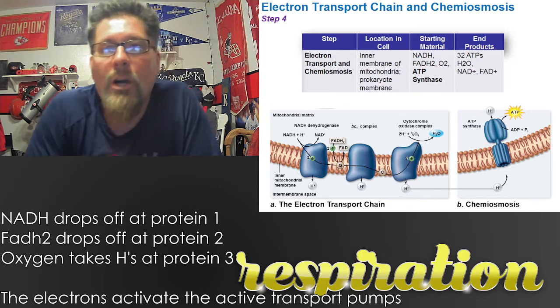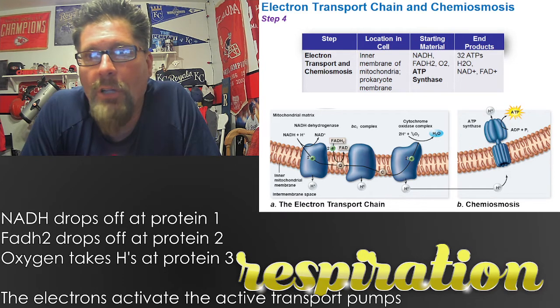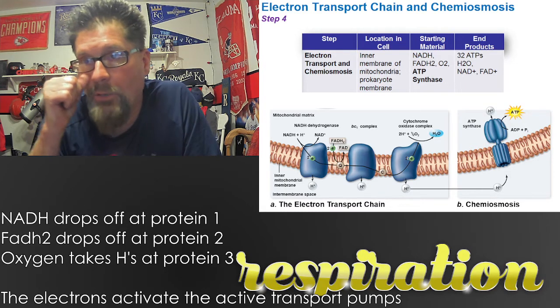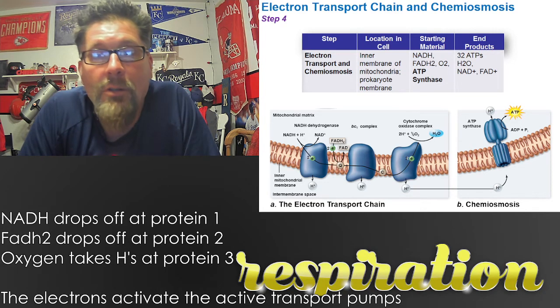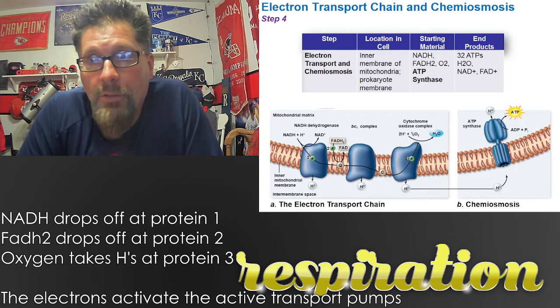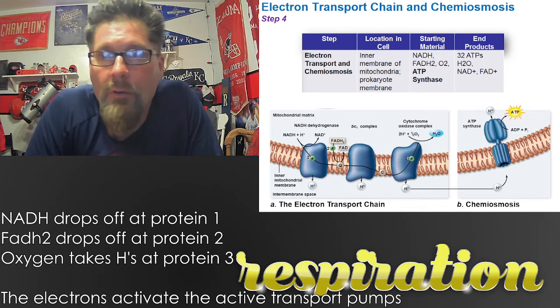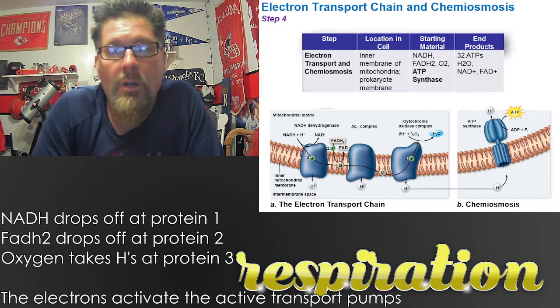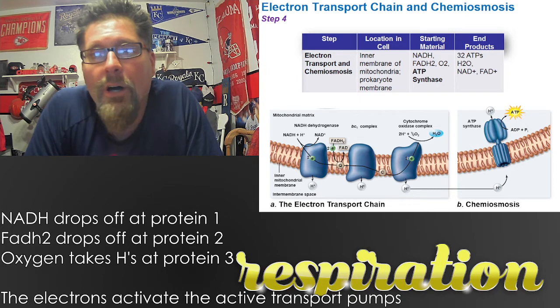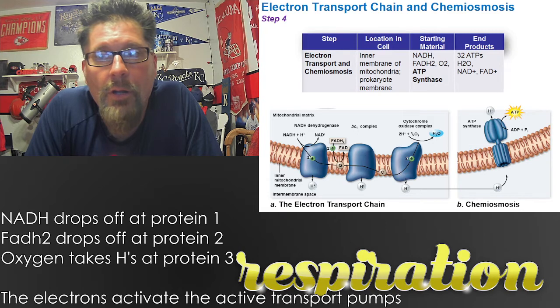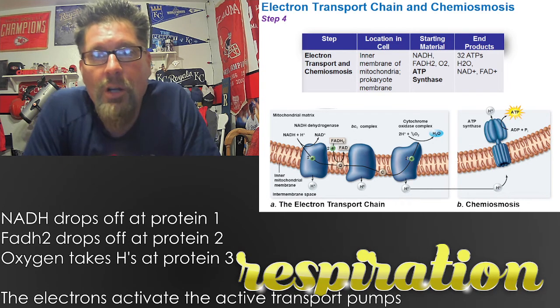Alright, so here's our summary slide for the electron transport chain and chemiosmosis. The end products are obviously a little different. One, we have a huge number of ATP molecules, 32, and water being made at that protein number 3, where the oxygen accepts some of those electrons.